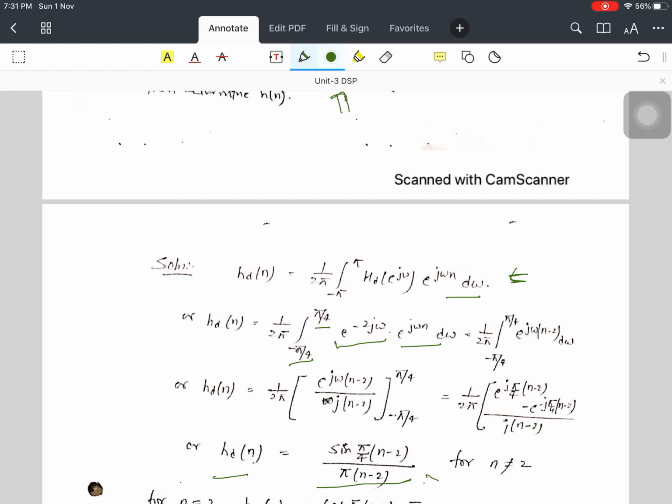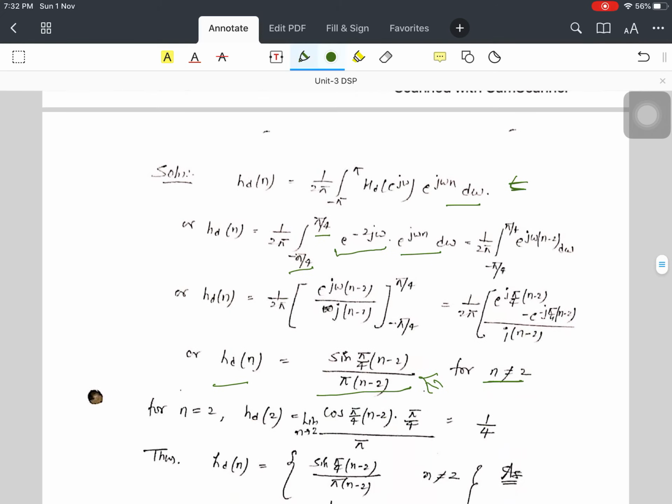You can check this formula is not valid for n equal to 2. This formula is valid when n is not equal to 2. For n equal to 2 we apply L'Hospital's rule, and from there we will get the value 1 by 4.